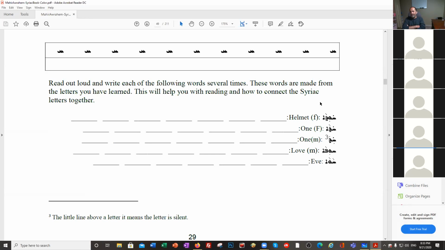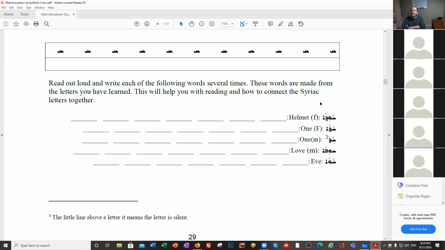There is one for female, or in a female form, or feminine form, and one for masculine form. Khda, khda.